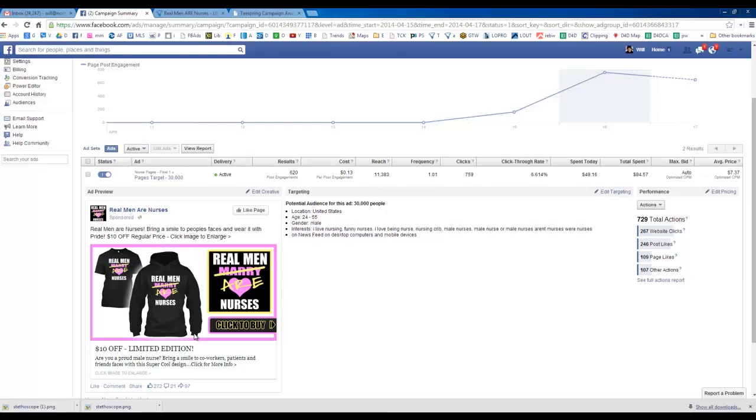Second part of this, this is a higher end product. It's a $39.95 sale, as opposed to most of the campaigns that I run, which are $19.95, $21.95 transactions.